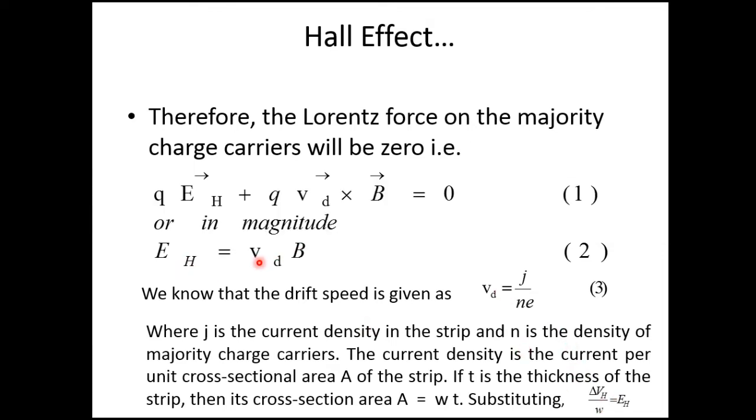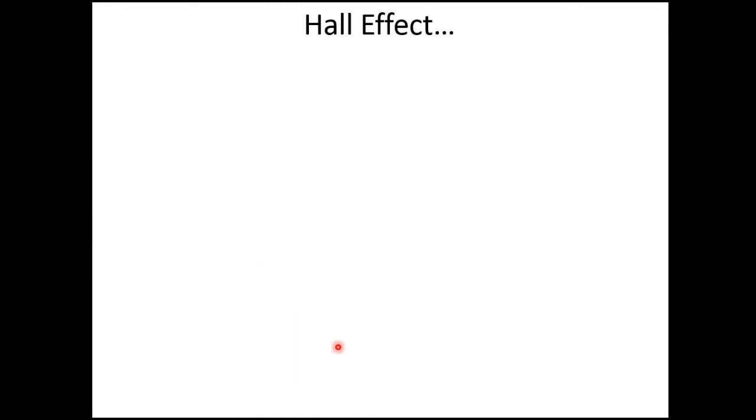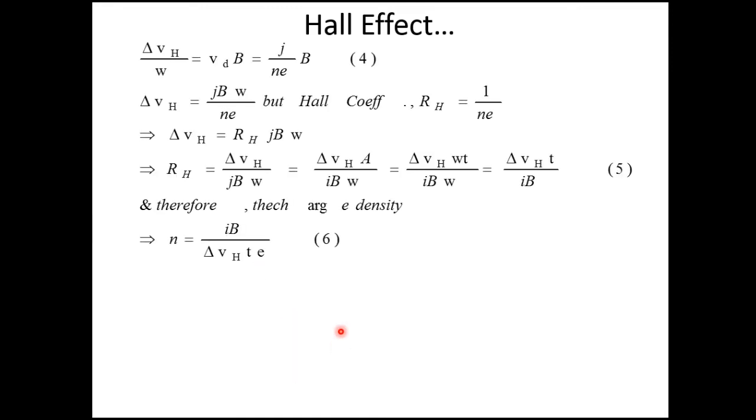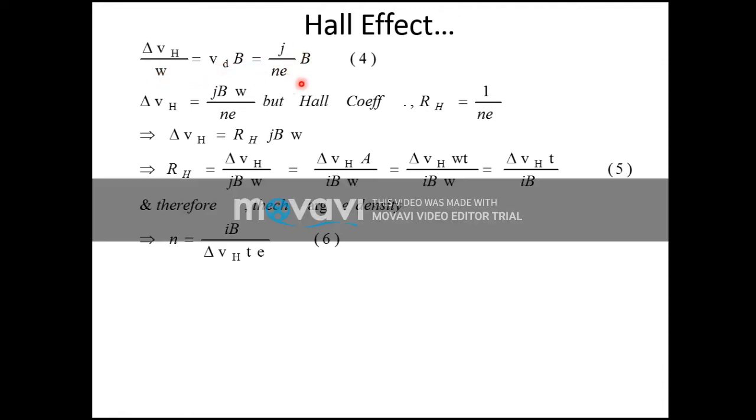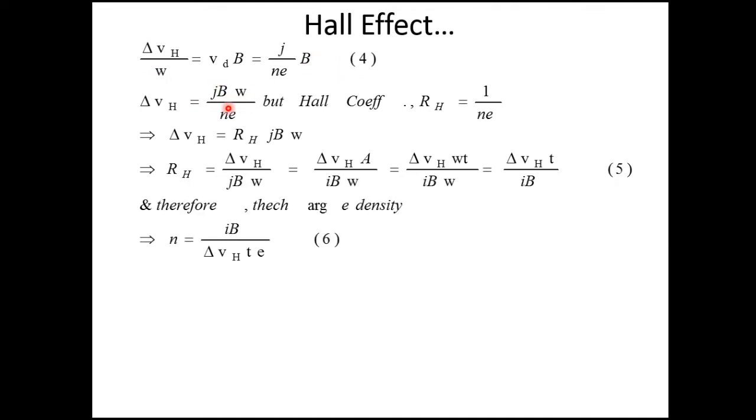So we'll get now delta V_H upon W is equal to J by ne by putting the value of vd into B. So this is equation 4. So now you can get delta V_H is equal to J B W will come here upon ne. तो यहाँ पे हम एक चीज़ डिफाइन करते हैं जिसको हम हॉल कोफिशिएंट बोलते हैं.